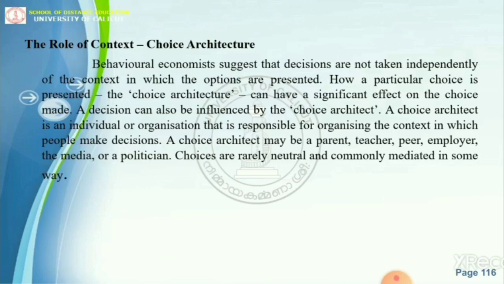A choice architect is an individual or an organization that is responsible for organizing the context in which people make decisions. So a choice architect may be a parent, teacher, peer, employer, the media, or a politician, etc. So choices are rarely neutral and commonly mediated in some way.